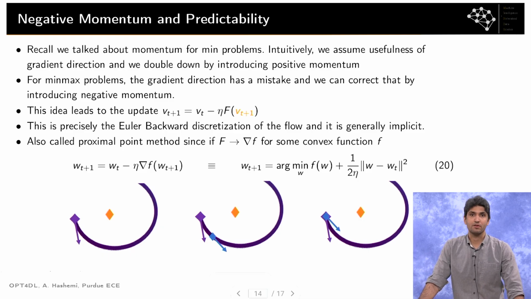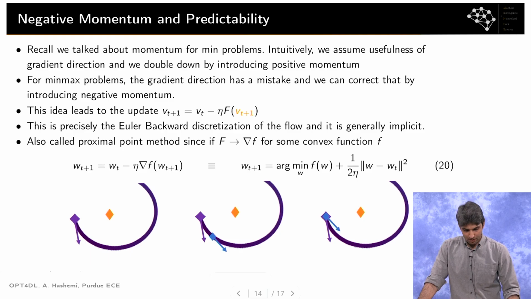So this is what we discussed last time. We talked about, for instance, the heavy ball momentum method, Nesterov momentum, and also their connection to bias-variance trade-off, and the nice advanced training algorithms that we use in practice. So the idea is that a gradient direction is useful. If we double down, we can have positive momentum and use that for faster convergence.